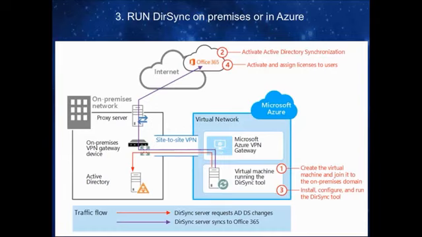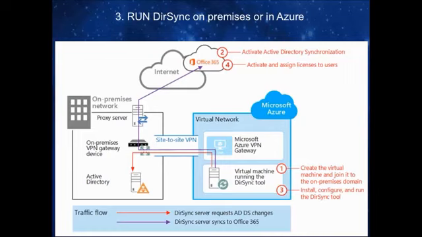So where to run it? That's always a question people ask me. Where should I run the DirSync server? You can either run it on premises, or you can run it in an Azure portal. So you need to create an Azure portal and establish the site-to-site VPN. Step one, create the virtual machine and join it to the on-premises domain.